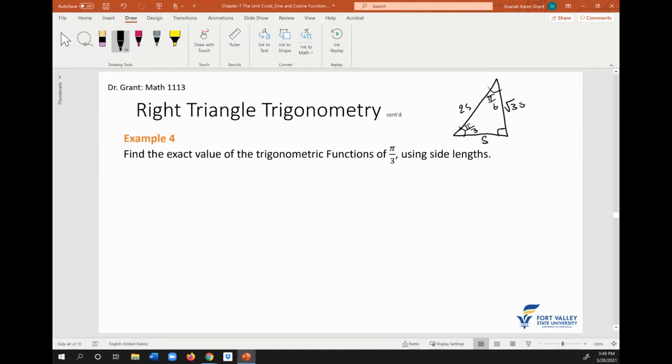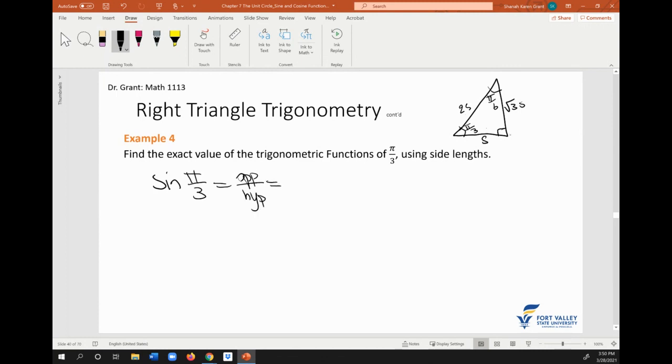So now let's use this to find our trigonometric functions of pi over 3. This is my angle in question. That means my opposite side is going to be root 3 S, and my adjacent side is going to be S. So if I were to look for sine of pi over 3, remember that's opposite over hypotenuse.